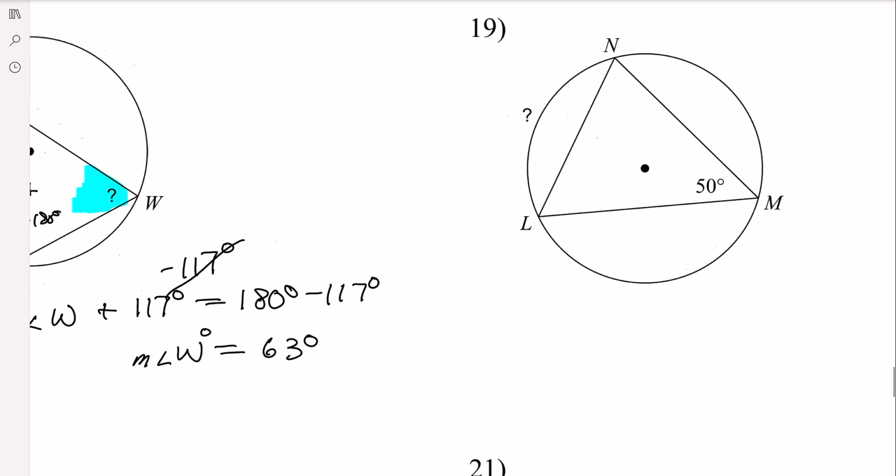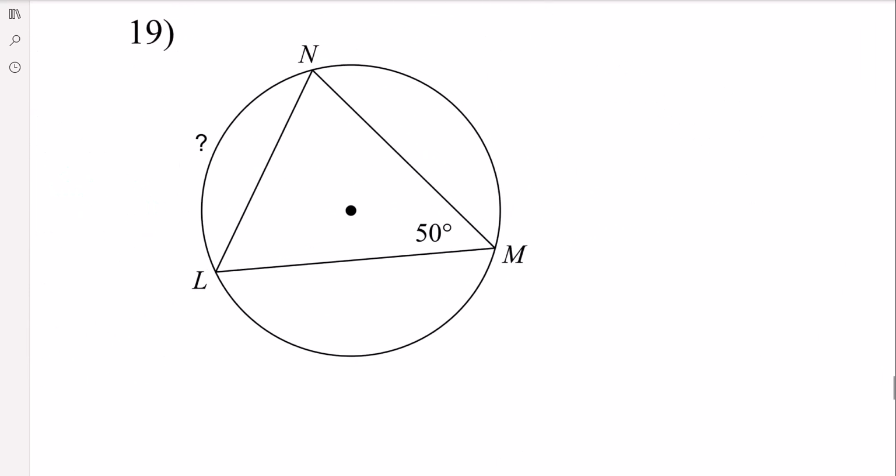Okay. Now on this one right here, this is an inscribed angle, which is exactly 1/2 the measure of the arc. Well, we know the angle, so this is 1/2 the measure of arc LN. In fact, I can put that there.